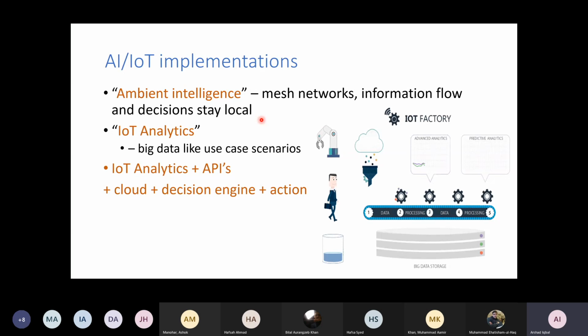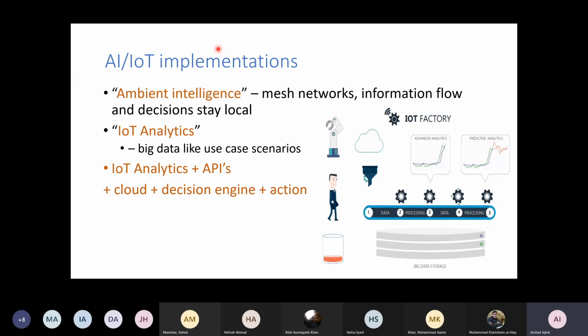So, AI and IoT implementation. It provides ambient intelligence, where mesh networks, information flow, and decisions stay local, and it provides IoT analytics like big data use case scenarios. It consists of IoT analytics, different interfaces, a cloud decision engine, and then action based on the data.